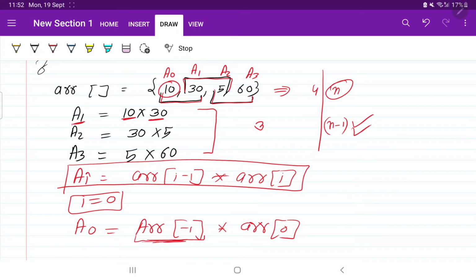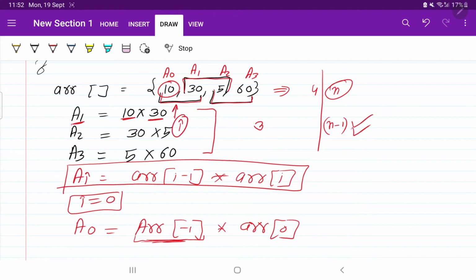So you got one thing, that we know that i is the starting point, but i cannot start with the first element. I told you, i is the starting point. It is not the first element of the matrix array. So if you choose i equal to 0, you will get something which is not possible. Array of minus 1, in Python you can get array of -1 is 60.